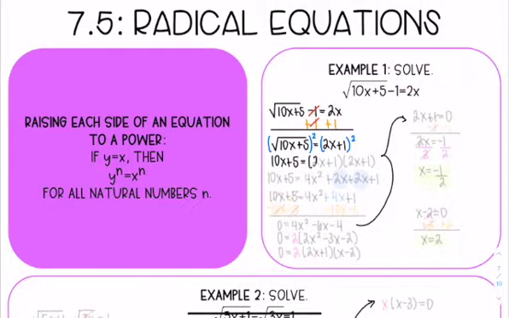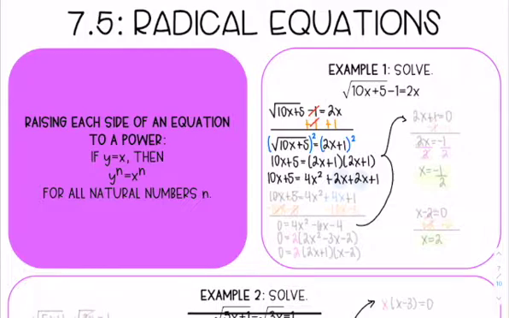On the right-hand side, we're going to write this twice and FOIL it. So we have 10x plus 5 equals 4x squared plus 2x plus 2x plus 1.